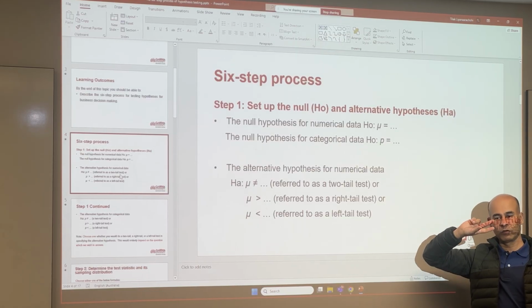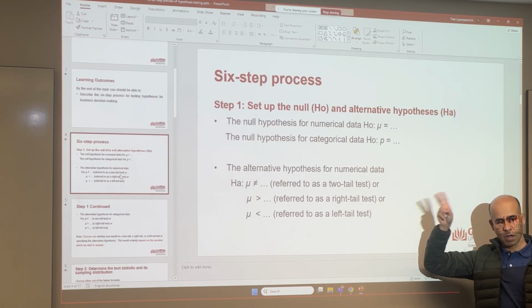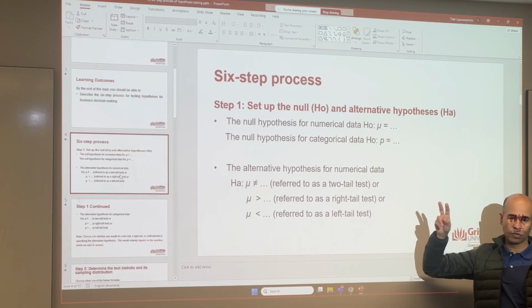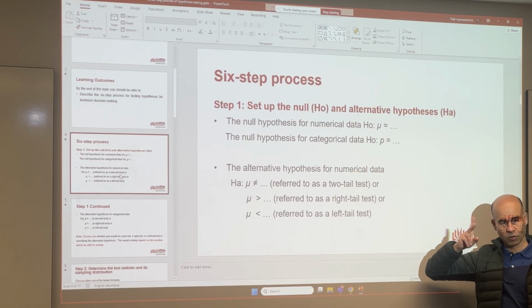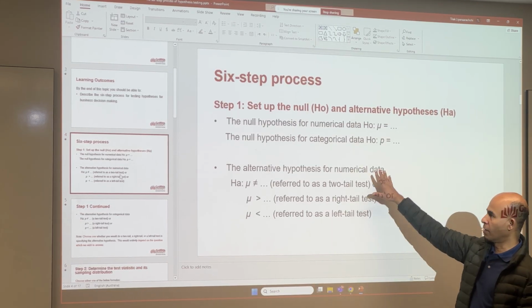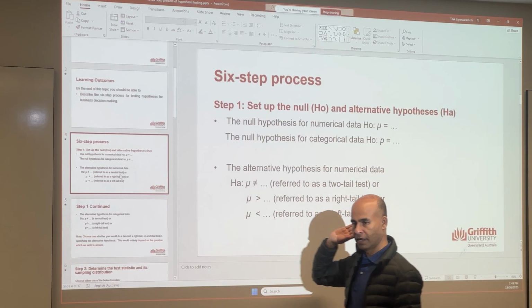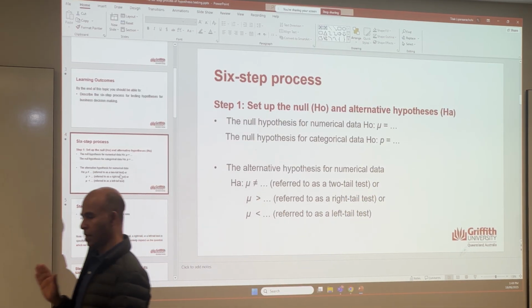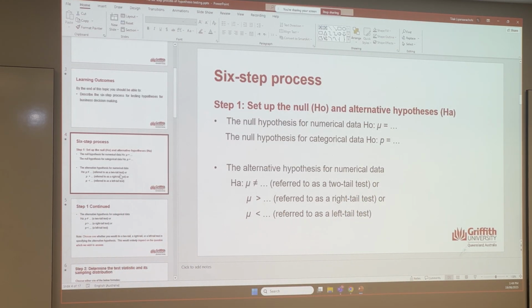So we have two hypotheses. One is true, the other one is not true. We don't know, so we need to verify this null hypothesis using statistics. So that is step 1, setting up the null and the alternative.